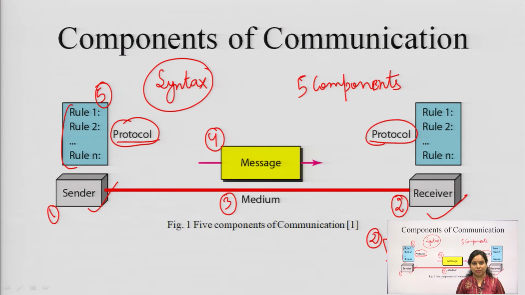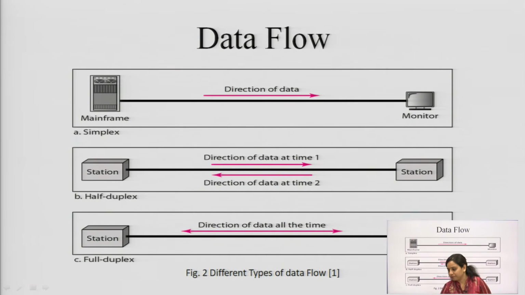Fourth one is the message, it may be a 1D signal, 2D signal, 3D signal, text message, audio signal, an image or a video that you want to transmit. Fifth and the foremost component of communication is the protocol. There is a set of rules that has to be agreed by both the transmitter and receiver.